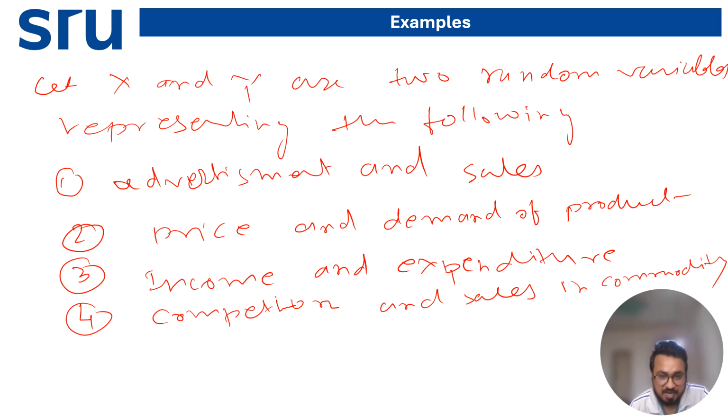If the competition is high, then what will be the effect on the sales in commodity? It will increase or decrease. So we are interested in knowing about these things. So a quantitative measure of the relationship between two variables is required to interpret the correlation between them. These are examples of correlation, meaning we can relate these two variables. Okay, so this is all about correlation.